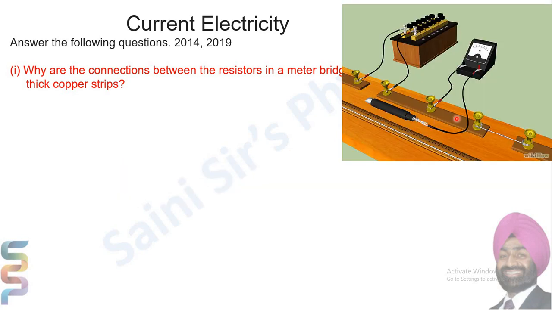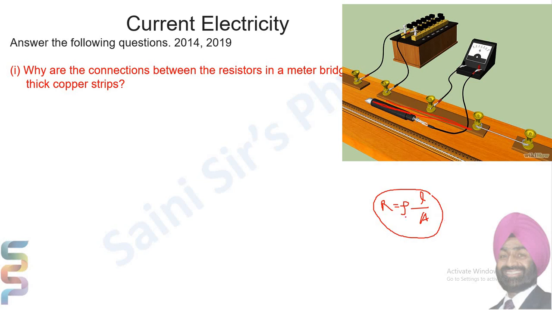But we don't need any resistance in this part. So you know resistance R is equal to rho into L by A. We have made all the efforts to minimize the resistance of this portion.